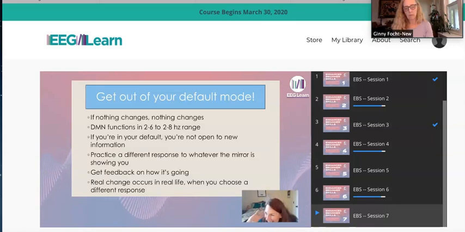And when it decides to do it the new way, that's when things really change. And that's cool too. The same is true with talk therapy. The person might have a breakthrough in the session, but the real change occurs when they pick a different behavioral response outside of therapy.